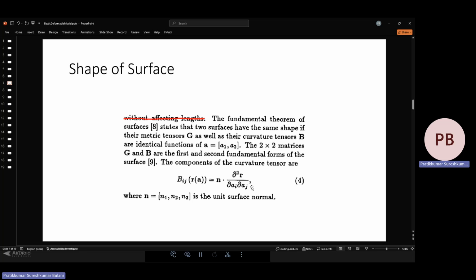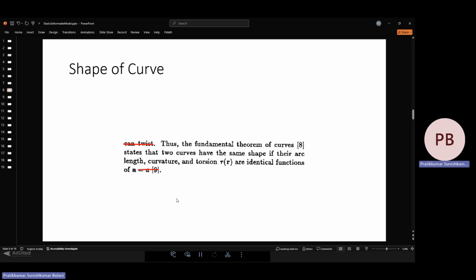Okay, now let's talk about shape of a curve. When we talk about a curve, we have to look for the curvature, the length, which is the G matrix, the B matrix, and then there is something called torsion. Let's talk about what's torsion. By the way, when I talk about this length, this is the G matrix.